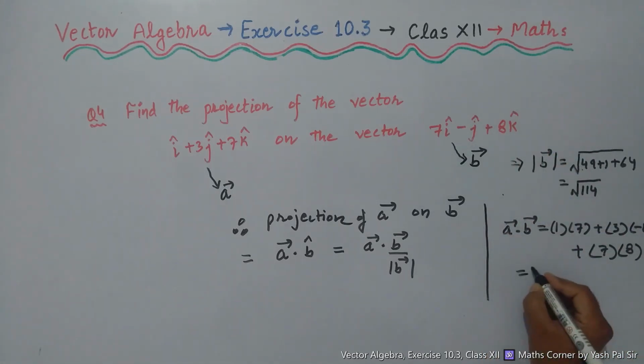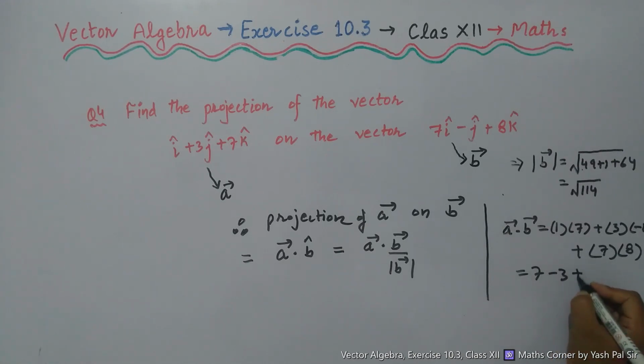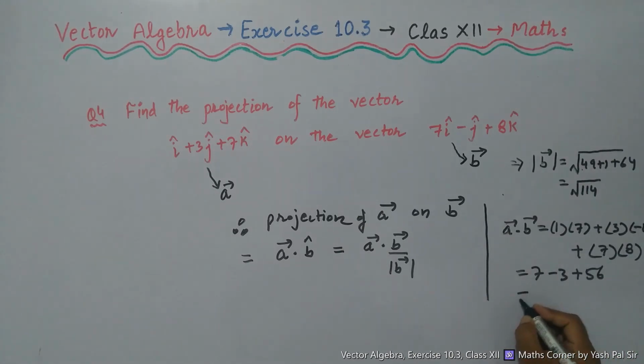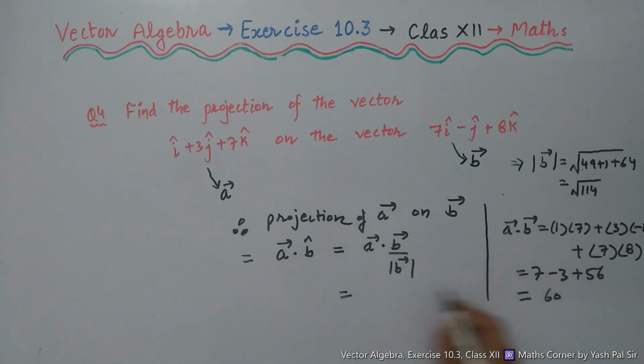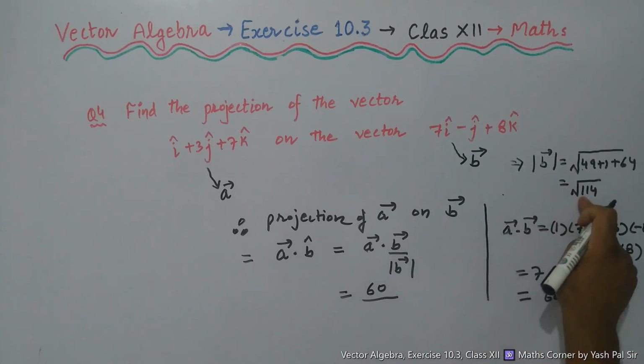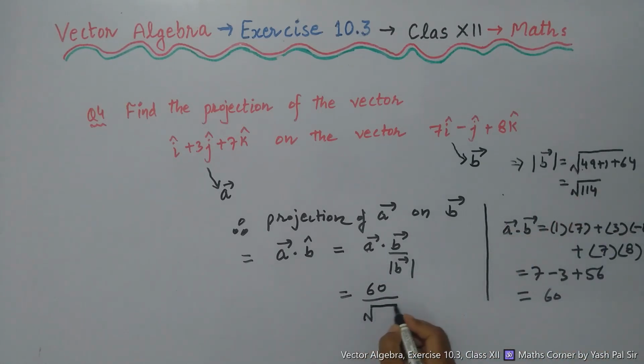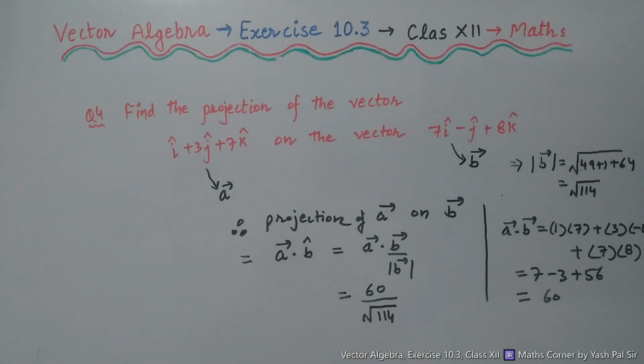So this becomes 7 minus 3 plus 56, which is equal to 60. So this way we can say A dot vector B is equal to 60 divided by the magnitude of vector B, which is square root of 114. So this is the required projection of vector A on vector B, 60 upon square root of 114.